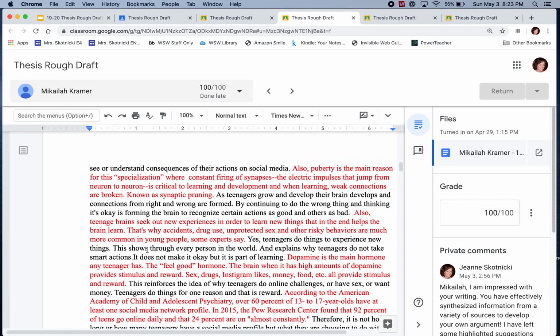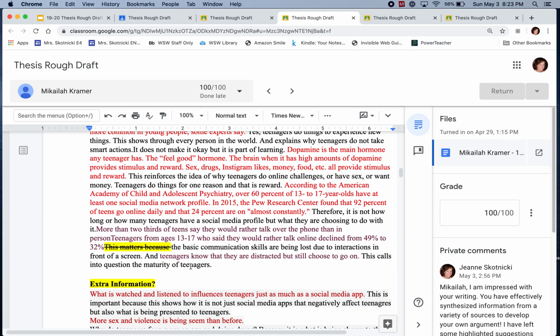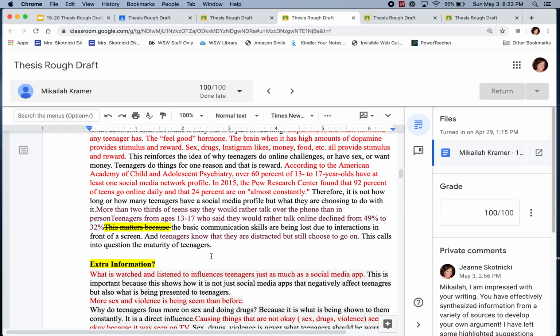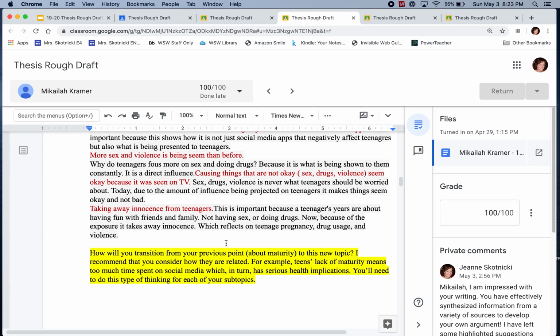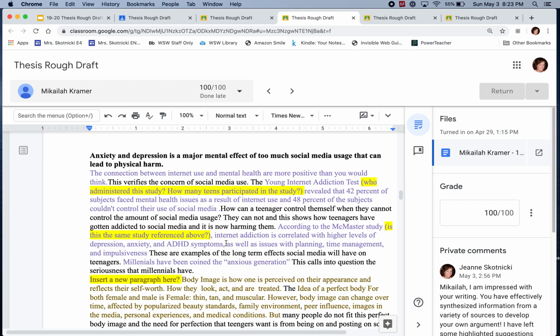But if I read what Michaela has written, she comes to a conclusion that teenagers know they're distracted when they're using social media, but they continue to use it. Then she comes up with the analysis or evaluation of that and says that this calls into question the maturity of teenagers.